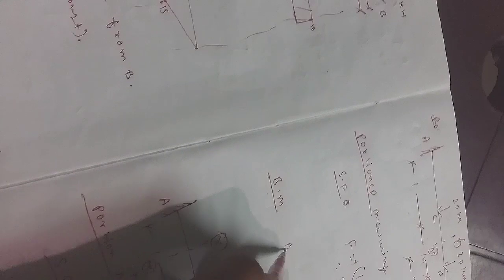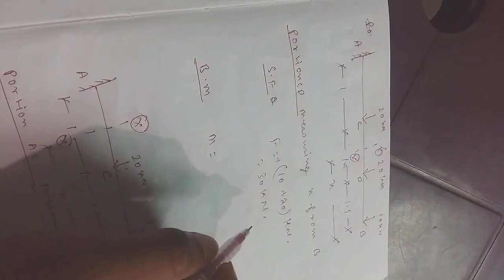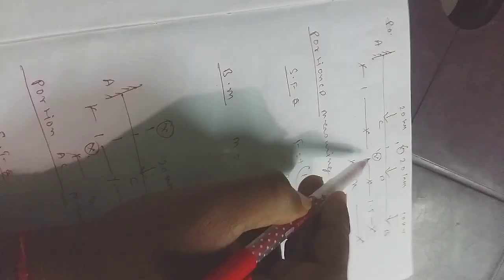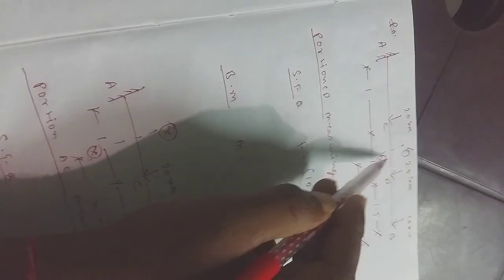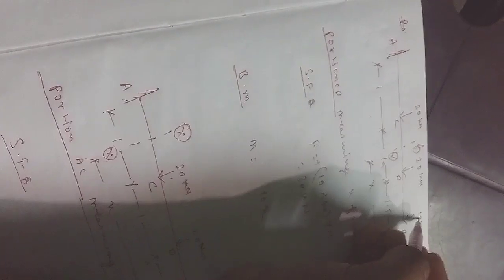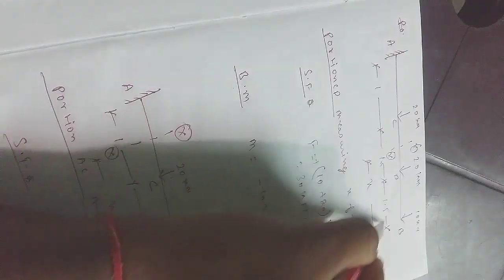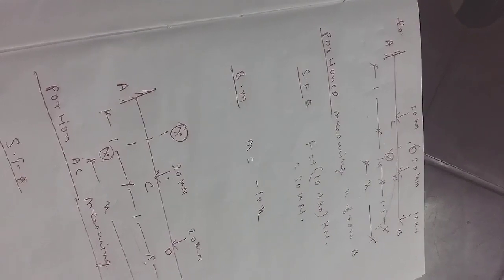Now for bending moment, here M will be equal to again 10 into X. This X distance is the section from the free end, and the sign will be negative, because this will be hogging bending, as it will bend like this.